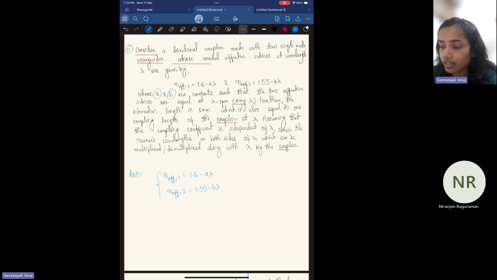A and B are constants such that the two effective indices are equal at lambda equal to 1 micrometer. Let's say lambda equal to 1 micrometer is lambda 1. Further, the interaction length is 1 mm, which is also equal to 1 coupling length of the coupler at lambda 1. Assuming that the coupling coefficient is independent of lambda, obtain the nearest wavelength on both sides of lambda 1, which can be multiplexed or demultiplexed along with lambda 1 by the coupler.